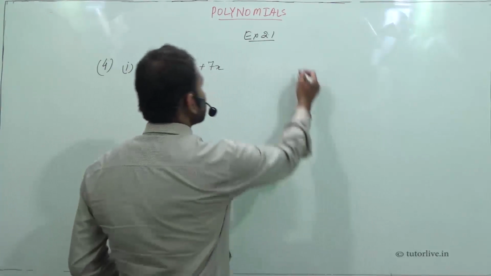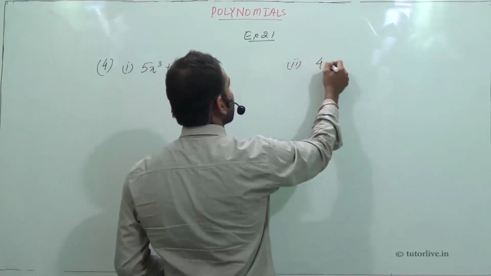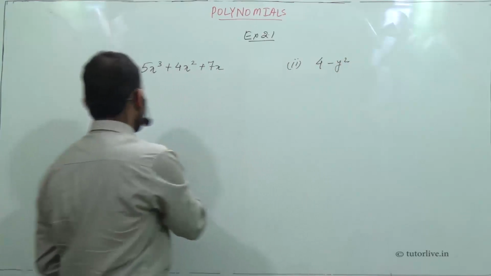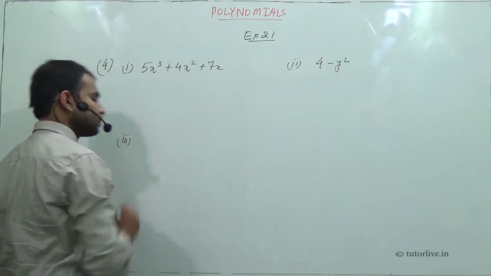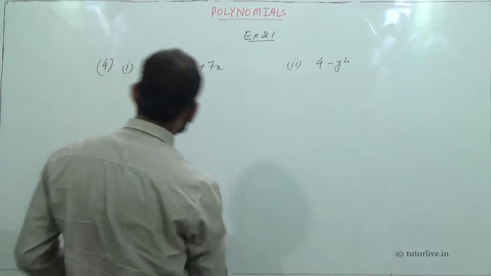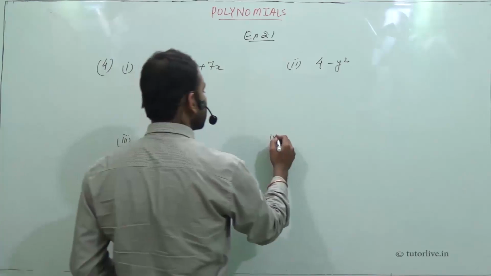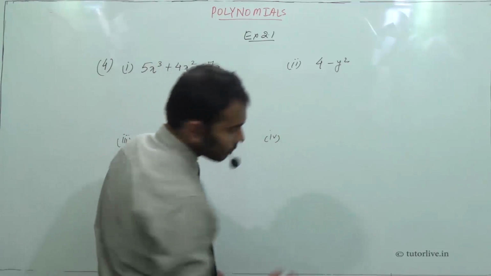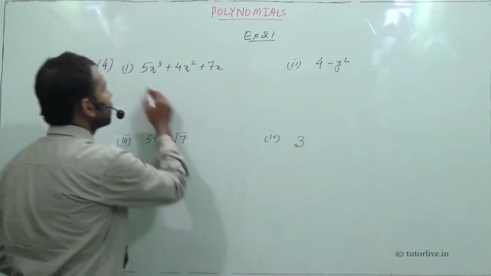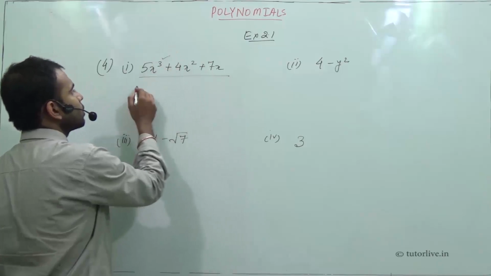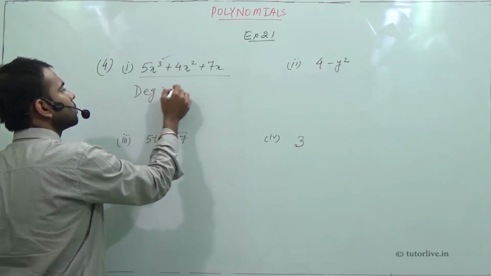The second question is 4 minus y square. The third question is 5t minus under root of 7, and then the fourth part is 3. Here the highest power is 3, so the degree is 3.